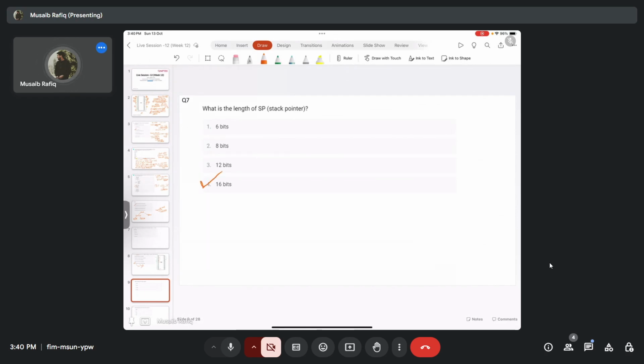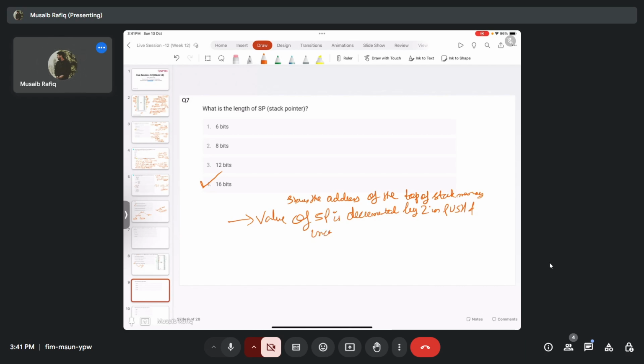The stack pointer is basically a 16-bit register that stores the address of the top of the stack memory, and this value of the stack pointer is decremented by 2 in push and incremented by 2 in pop.